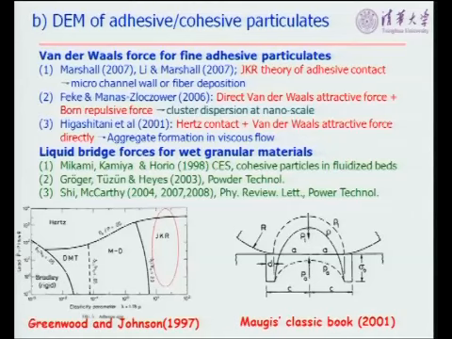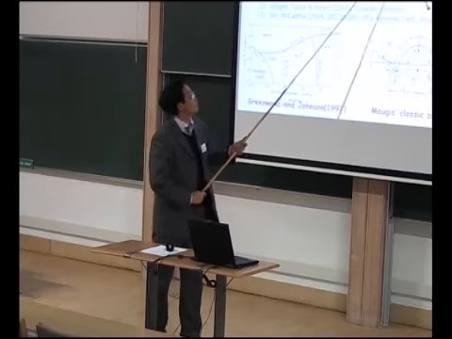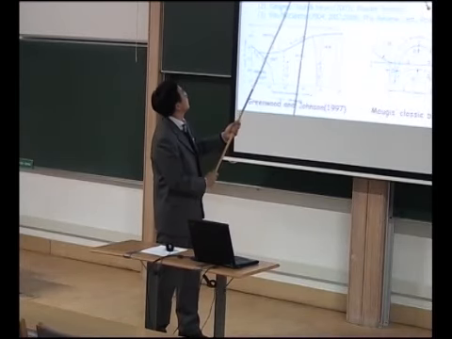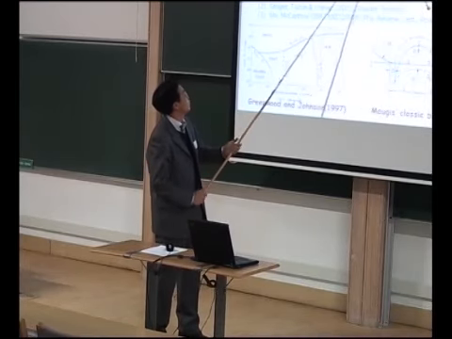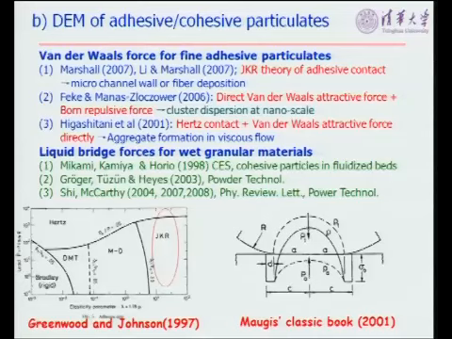The JKR model, Johnson is a professor at Cambridge. He developed the constitutive model of adhesive contact, and also for adhesion, sliding friction and rolling friction, there are still some models that can be referred to.